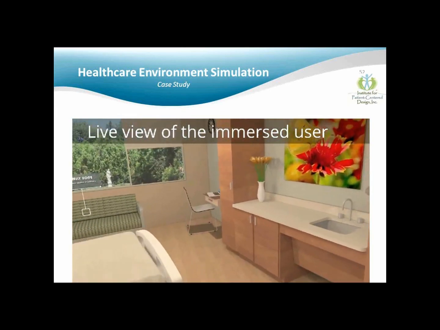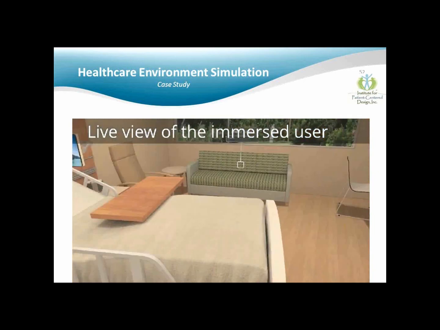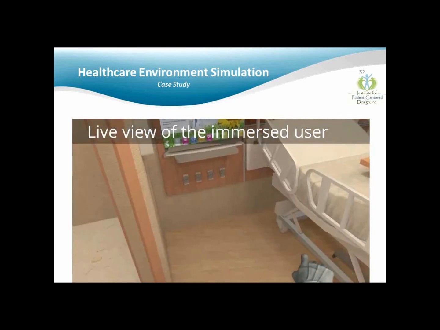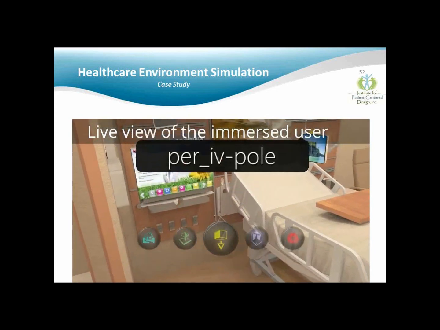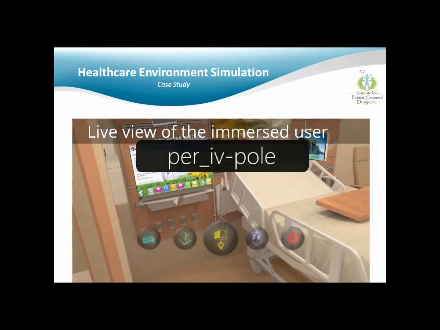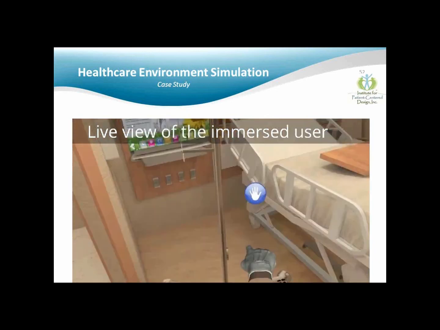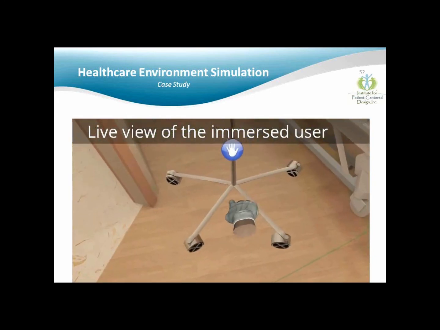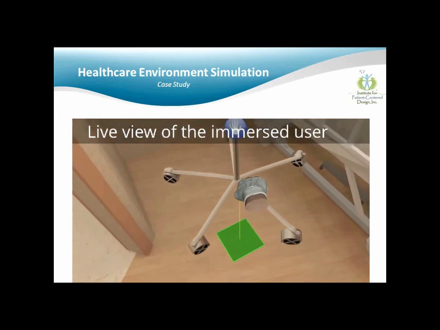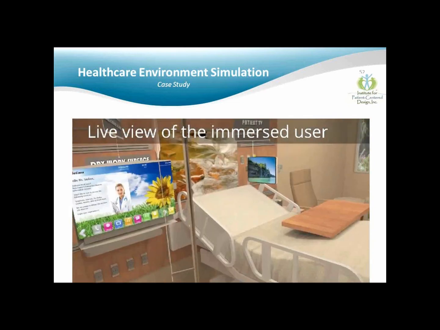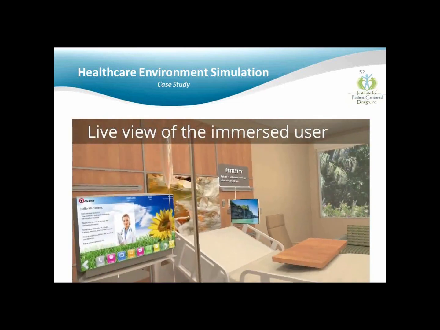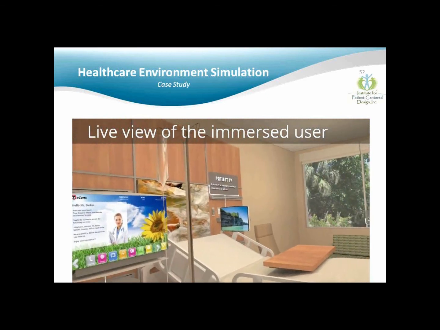Can I speak a little bit about that experience? It was awesome that we could actually put props into the space and move them around, because one of the things we wanted people to know was how difficult it can be to grab onto an IV pole and navigate that route to the bathroom if the bathroom is on the other side across the room, or even placed on the head wall if the patient is getting out on the nurse side of the bed.